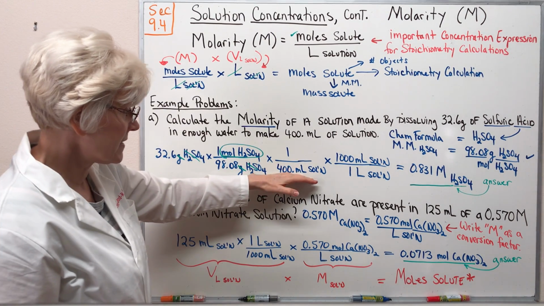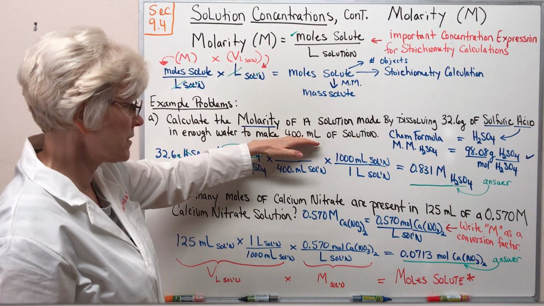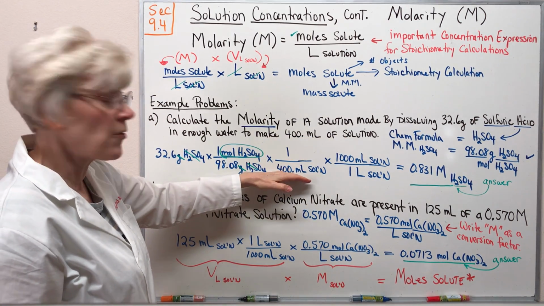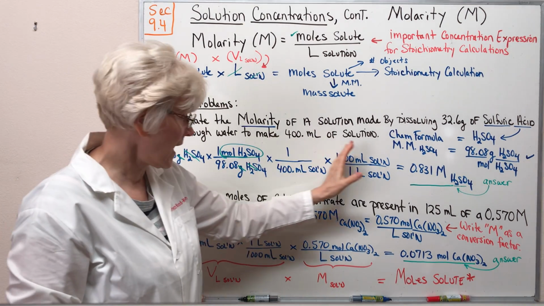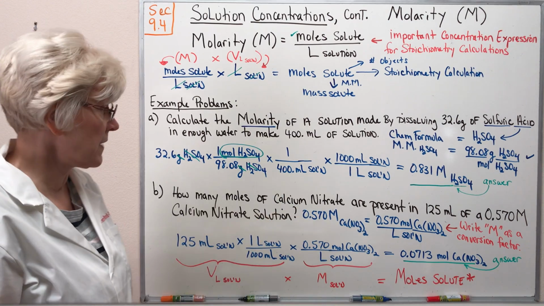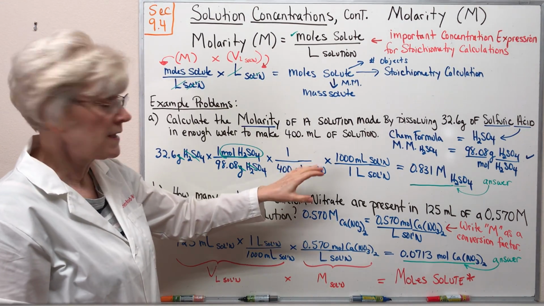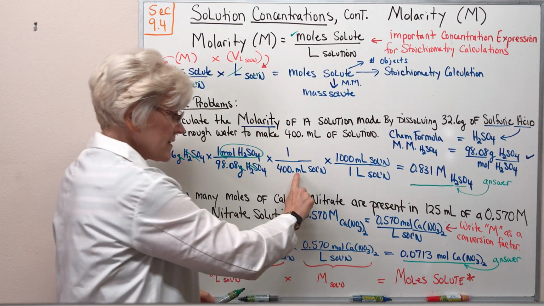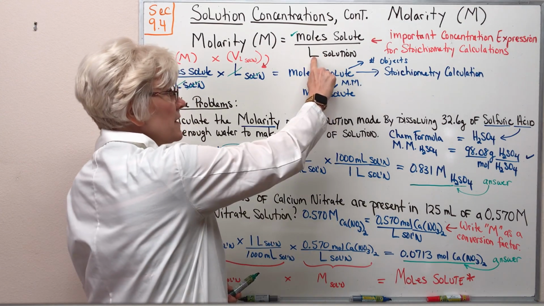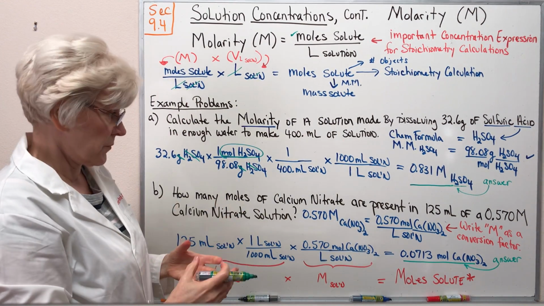Now in this next step, I am going to take the volume of solution, the 400 milliliters, and show a division. This is how you do a division, lining up the units properly for dimensional analysis. 1 over 400 mL is a division by 400 mL. But that unit of milliliters is not the unit that we need for a molarity expression.